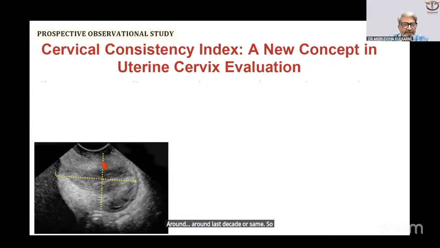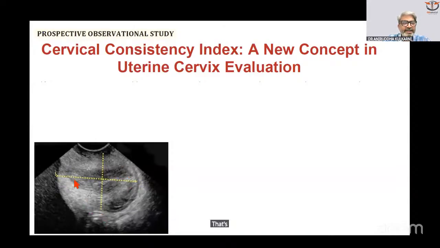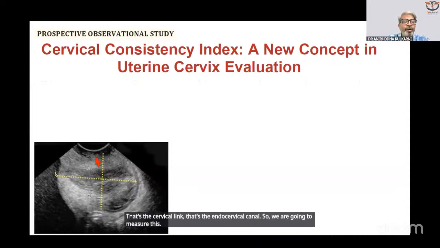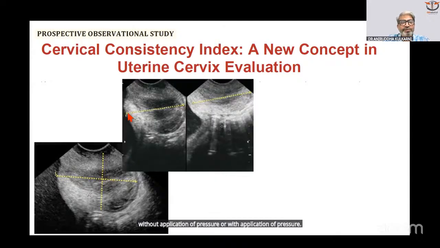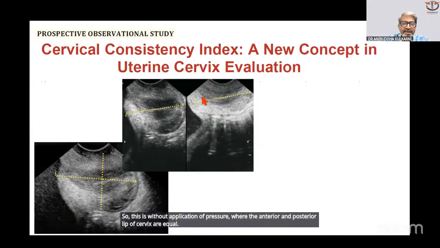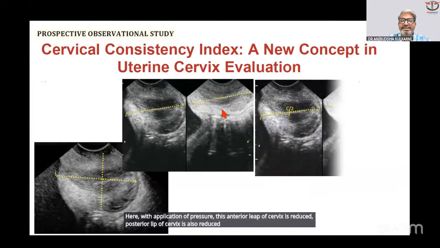Here that's the anteroposterior diameter, that's the posterior lip, that's the cervical length, that's the endocervical canal. We are going to measure this without application of pressure and with application of pressure. Without pressure, the anterior and posterior lips of the cervix are equal. With application of pressure, the anterior lip of the cervix is reduced, and the posterior lip is also reduced, but to a lesser extent.